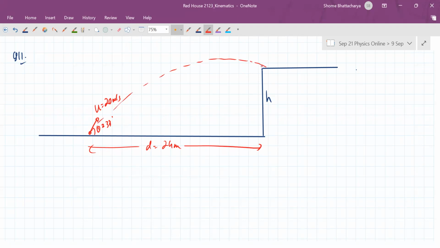So we have to find the height. So you use your standard equation of trajectory. First find the equation of trajectory, and in that put the x coordinate as 24 meters. The y coordinate would be the height.